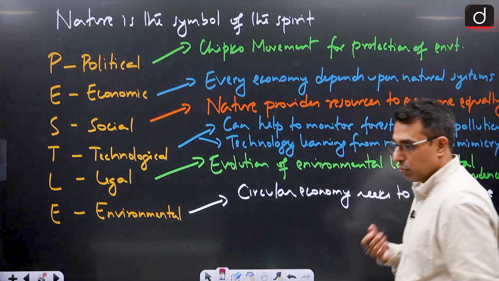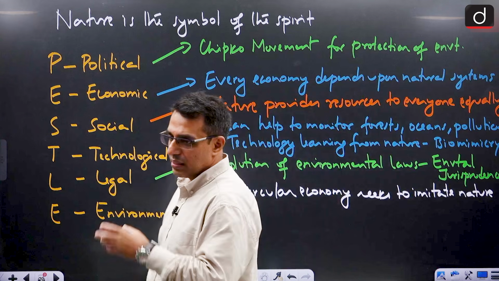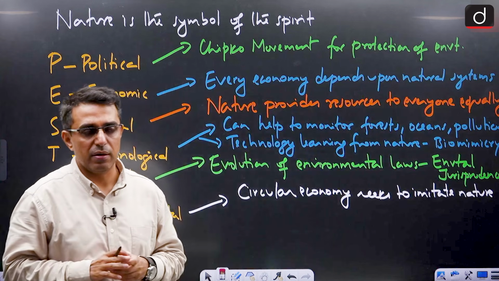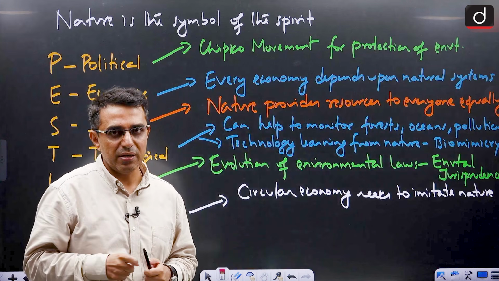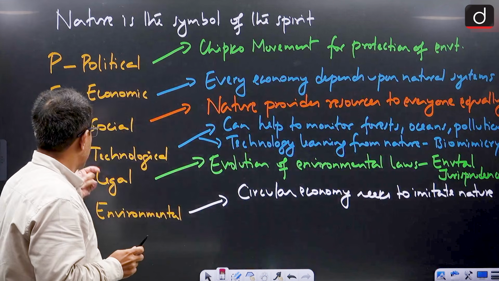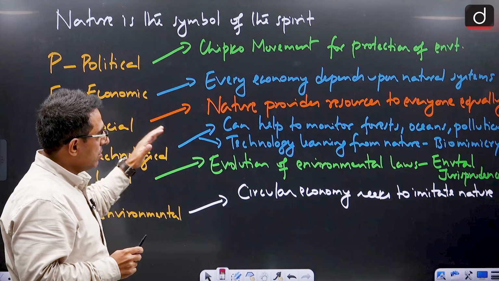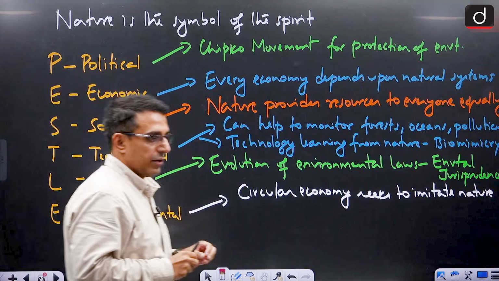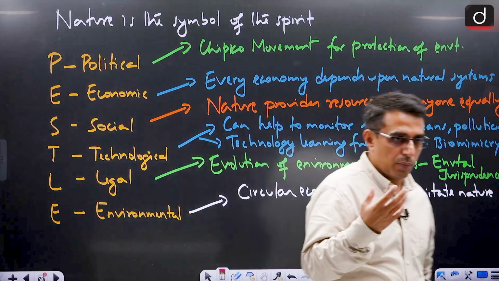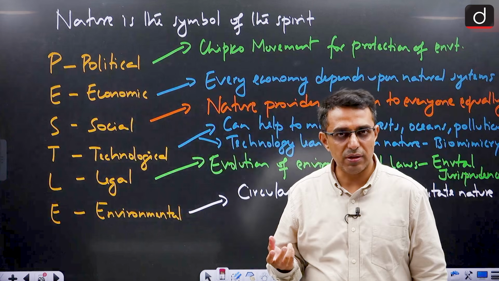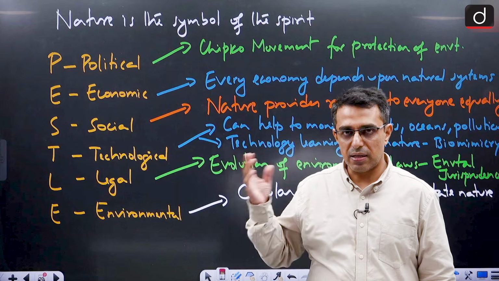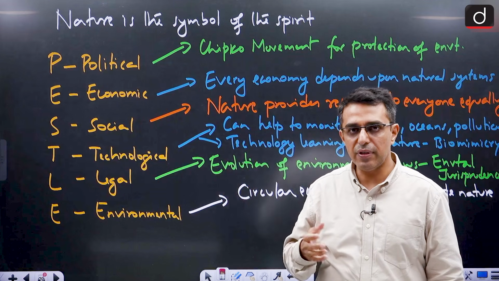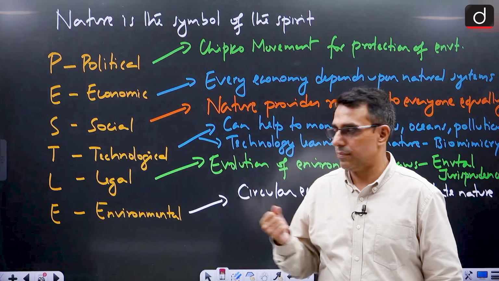Be it agriculture or industries, everywhere the raw material is coming from nature itself. Then social: nature provides resources to everyone equally, right? It doesn't discriminate, giving less oxygen to the poor person and more oxygen to the rich person. It is not like that. The sunlight, the air, everything is common for everyone.